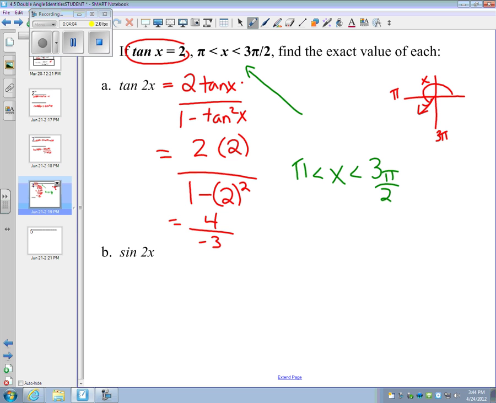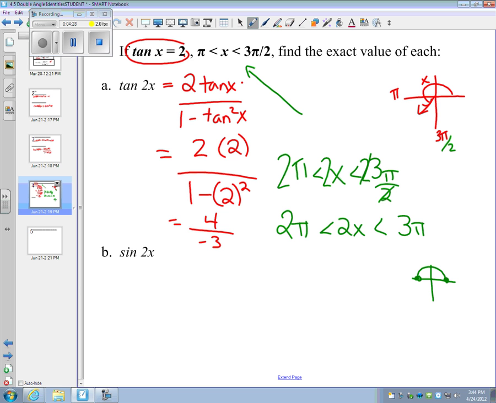But now we've doubled x. So we've also doubled this, and we've doubled that. So in other words, it's between 2 pi and 3 pi. Sorry, that should have been 3 pi over 2 from the beginning. So it's between 2 pi, which is right here, and 3 pi, which is here.